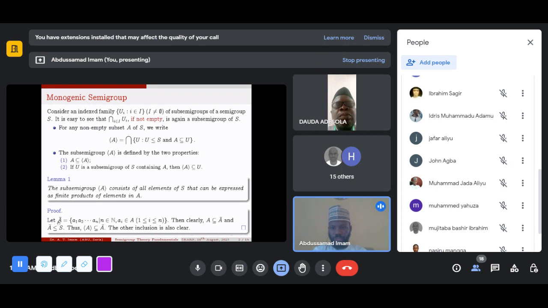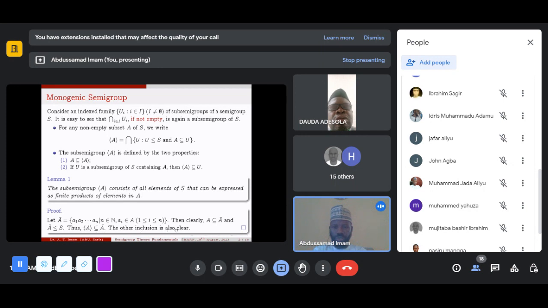And to see this, let A bar be the set of all finite products of elements a_i coming from A. Then clearly A will be contained in A bar, because this is obviously a sub-semigroup of S. And it contains A, and it is a sub-semigroup, so the smallest sub-semigroup containing A will be in it.